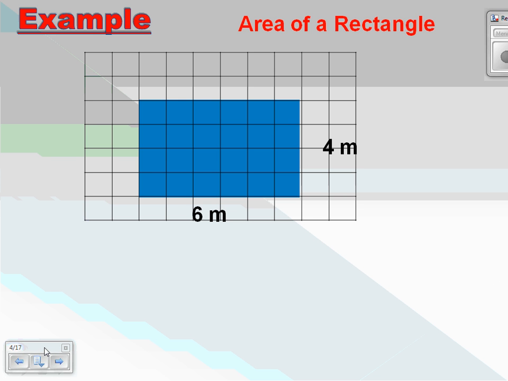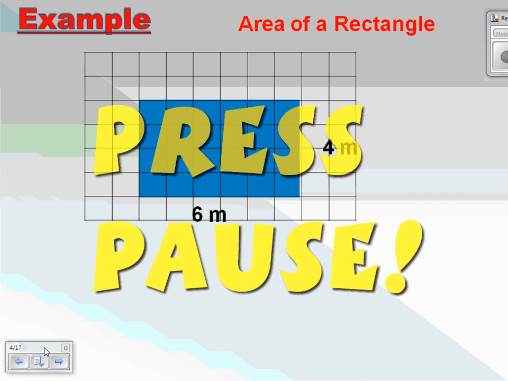We know that the base is 6 meters, or the length is 6 meters, and the height is 4 meters, or the width is 4 meters. How do I figure out the area of this particular shape? I want you guys to do this right now, and I want you guys to do it on your own. Please press pause. Work it out.